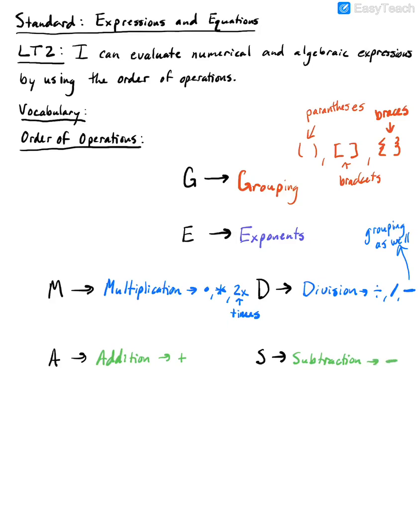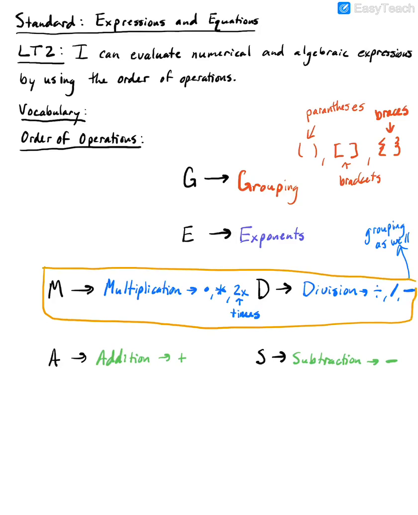Okay, now something to keep in mind when we're doing these, the levels mean, so we always do grouping symbols first, or inside grouping symbols, then you do exponents. Now the reason multiplication and division are on the same level is because you do them together as they come to you in a problem.